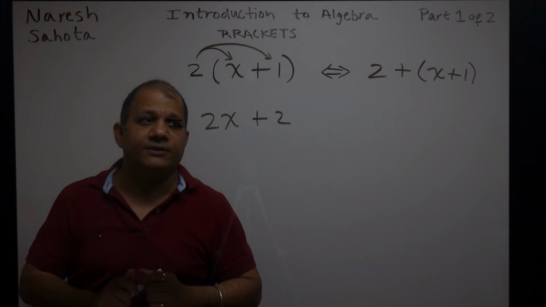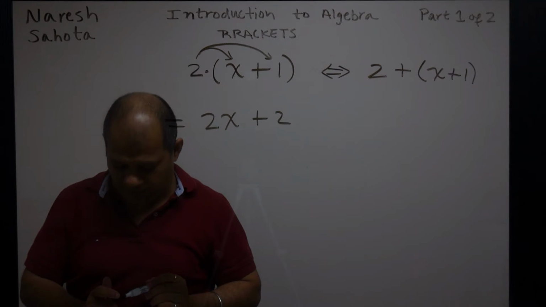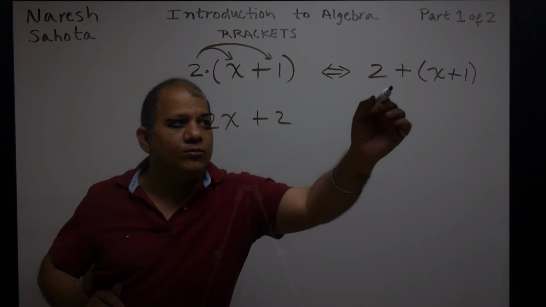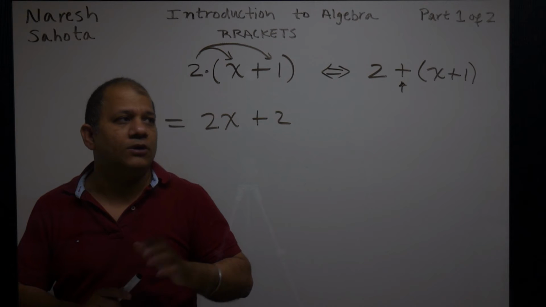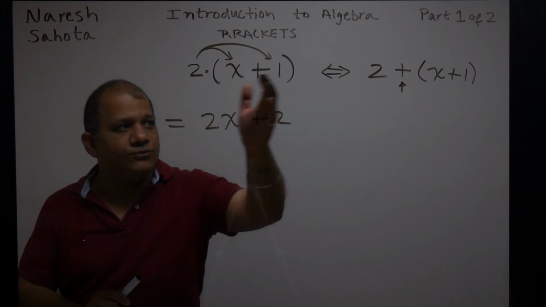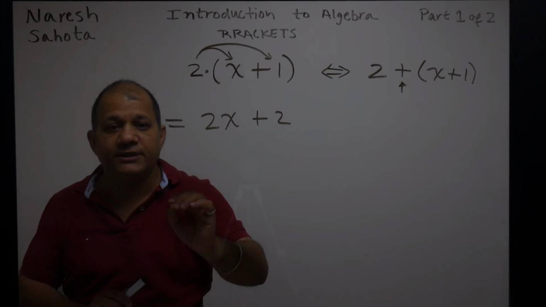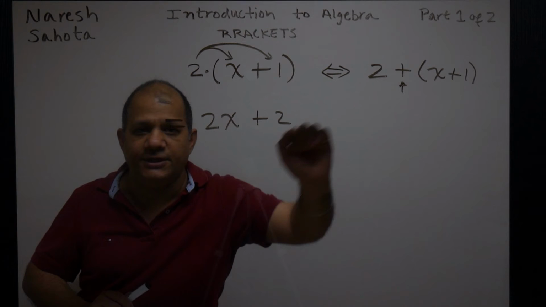They're completely different, because here we had a multiplication operation, and now here we have an addition operation. Otherwise it's the same. We got a 2 here, 2 here, then we got x plus 1 inside the bracket. The only difference is this is a multiplication operation, this is an addition.